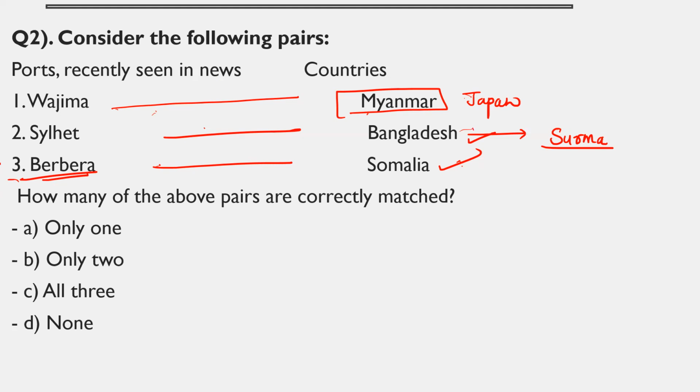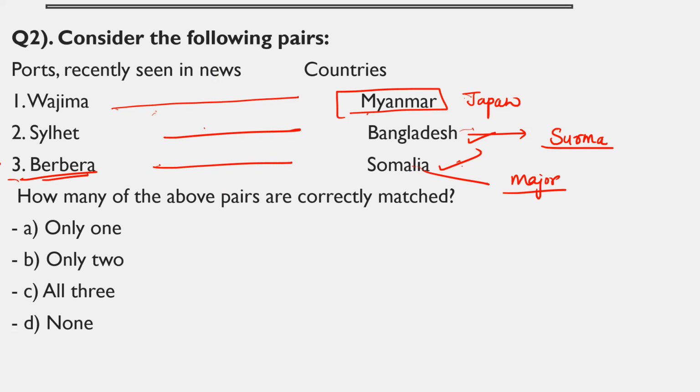If I talk about Berbera, which is again a very important port, it is located in Somalia. Berbera is the official seaport of Berbera, the commercial capital of Somaliland, and it is also a major port of Somalia. So these are the ports which were in news.